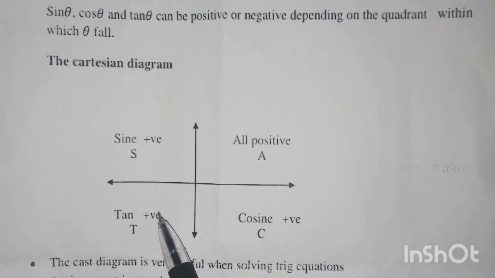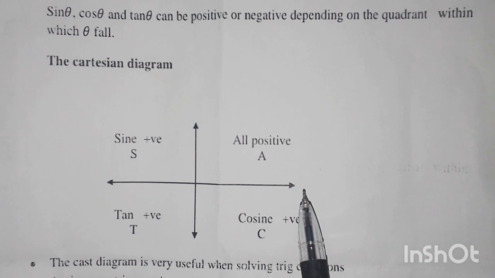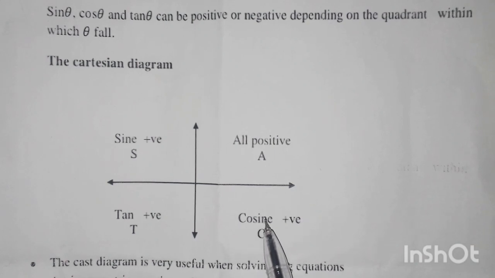In the third quadrant, only tan is positive, while the sine and the cos will be negative. In the fourth quadrant, only cosine is positive, while the sine and the tan will be negative.